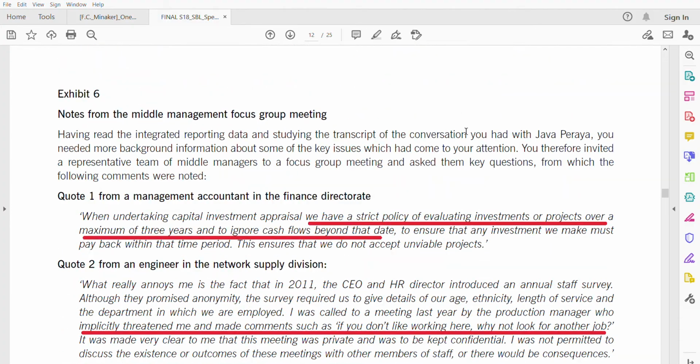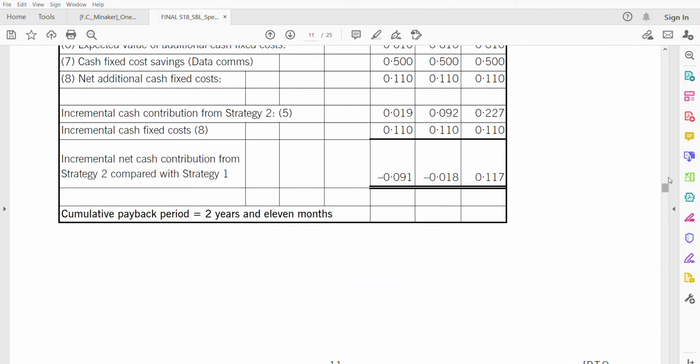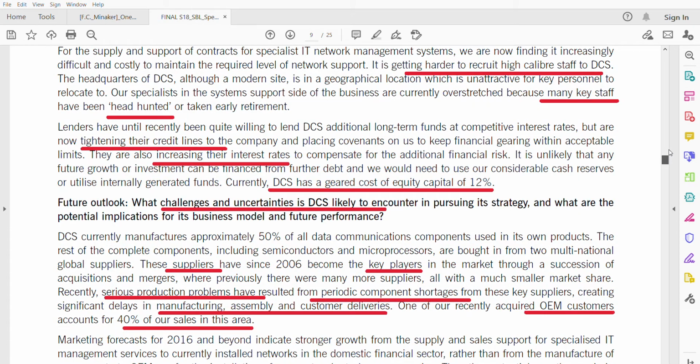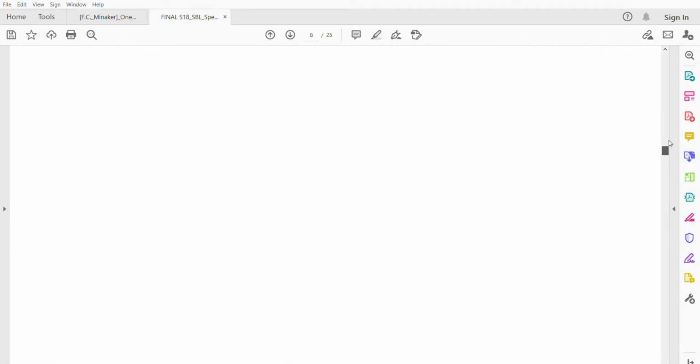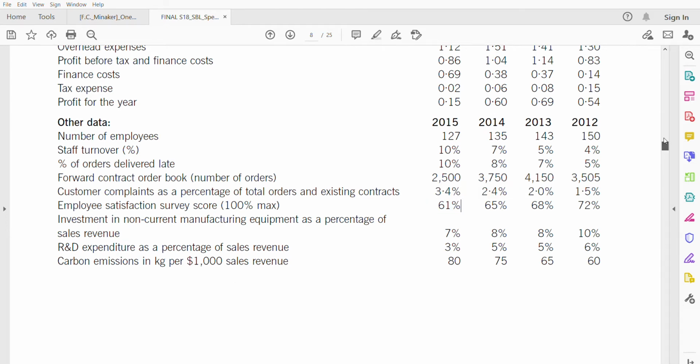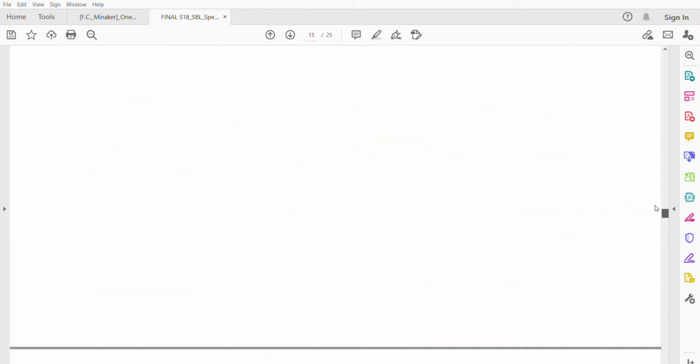And also your staff turnover from exhibit 3. Just see your exhibit 3, the staff turnover went from 4 to 10%. Even the employee satisfaction survey reduced from 71 to 61%.